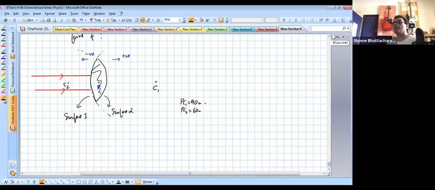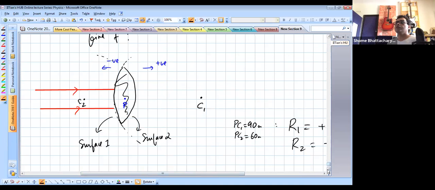That's important. With proper sign convention, we have to take R1 as plus 90 and R2 as minus 60 centimeters. This choice of sign convention for R1 and R2 is relevant to this diagram, so where the object is matters when we take R1 and R2.